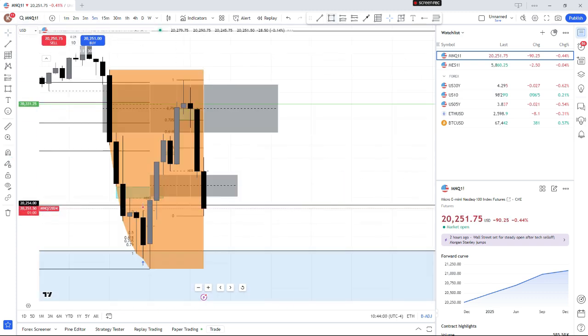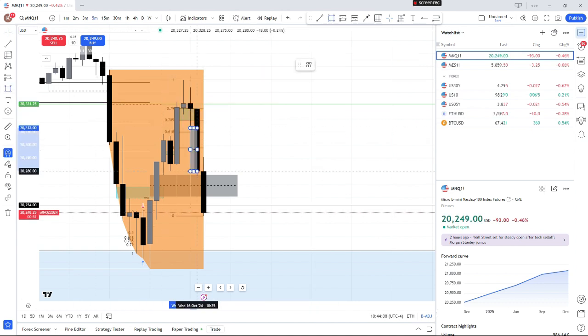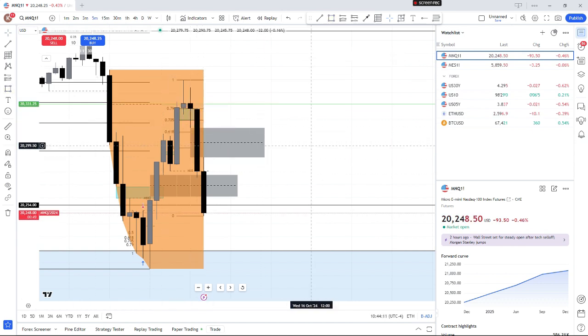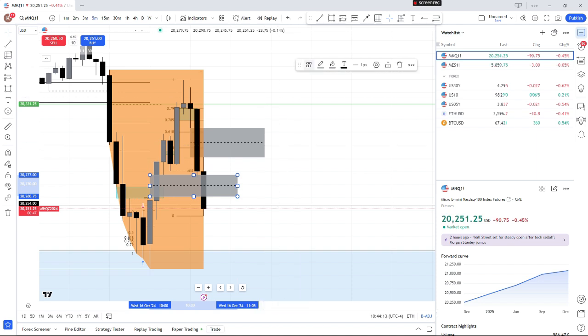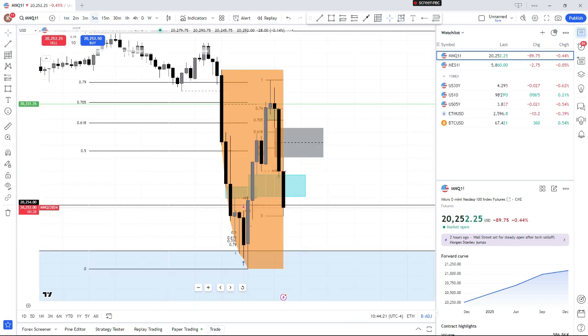But yeah, I'm going to get rid of that now because it's going to be too much drawing. But yeah, I hope to inverse this fair value gap. And then, yeah, pretty nice actually.